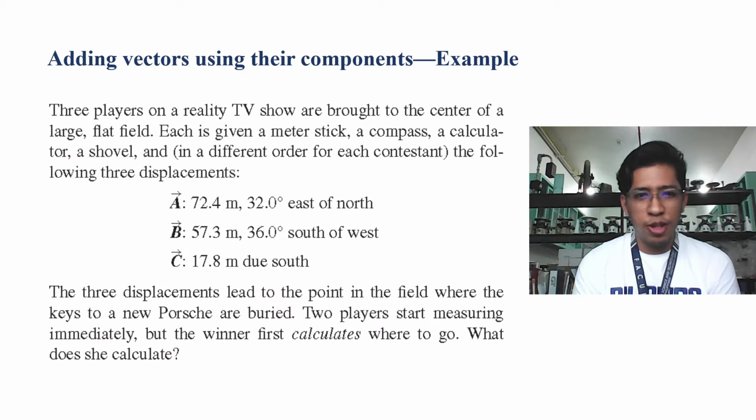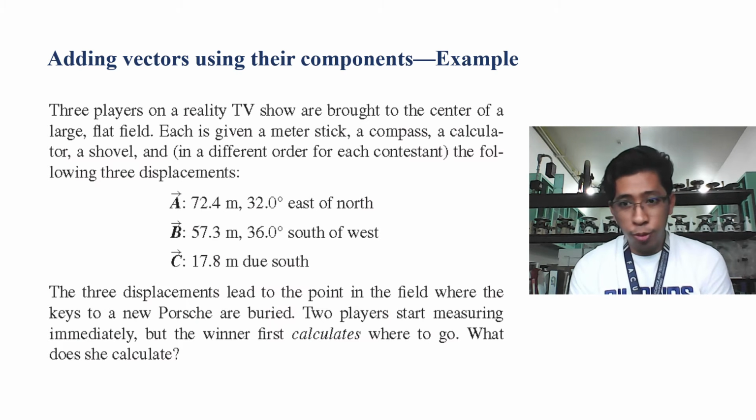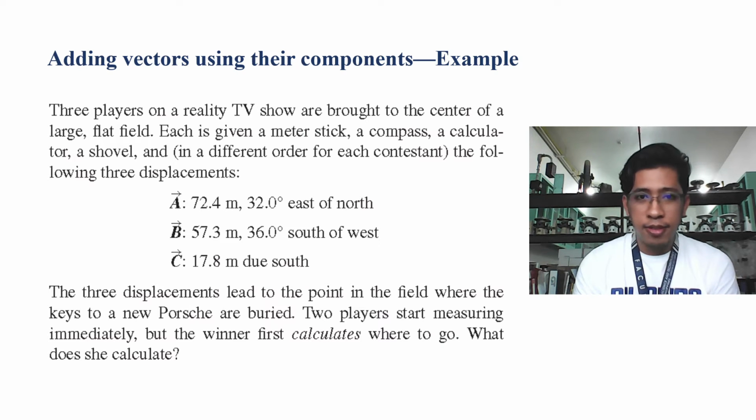Otherwise, if you're going to measure your A vector first plus your B vector and then your C vector, you will take too much time going to the treasure, or to where the new Porsche keys are buried. So calculate where to go.